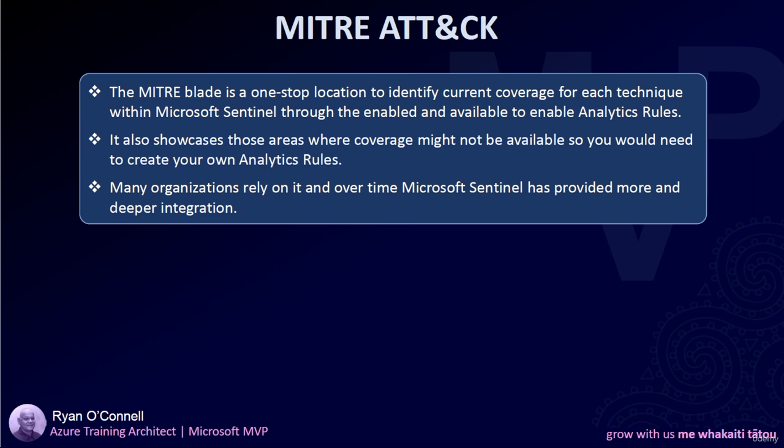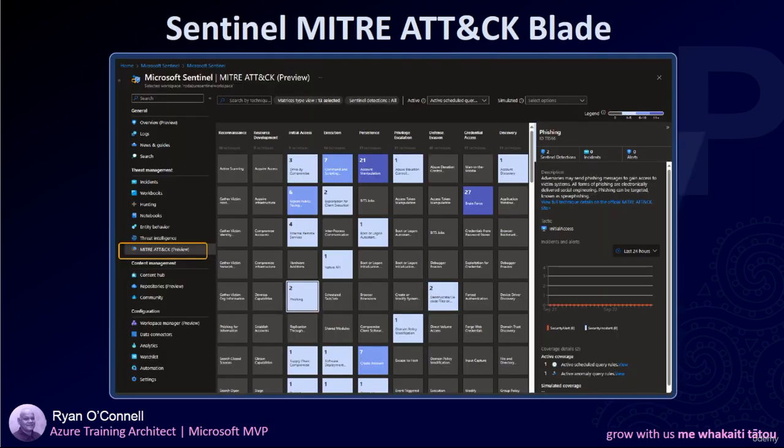Many organizations rely on it, and over time Microsoft Sentinel has provided more and more deeper integration with this amazing tool. And as you can see, this is the Sentinel MITRE blade, and you can see there we've got so many different types of threats that we can go and investigate, add, and help us protect our environment.